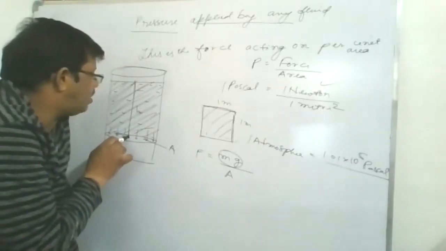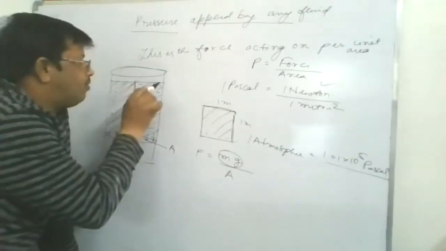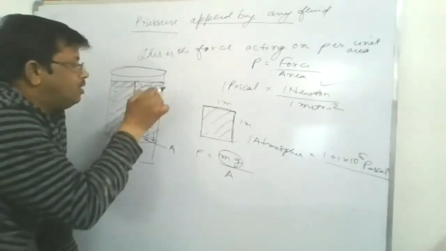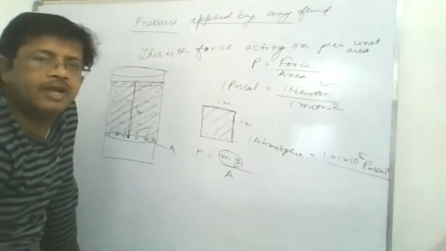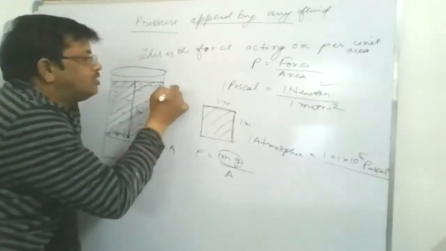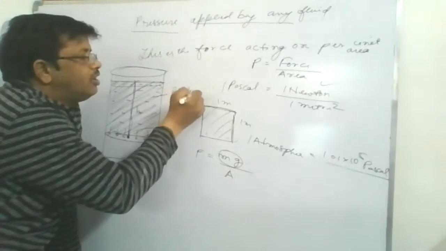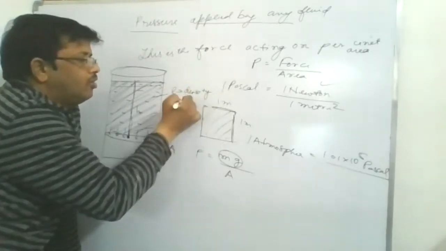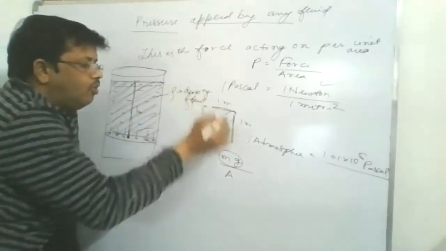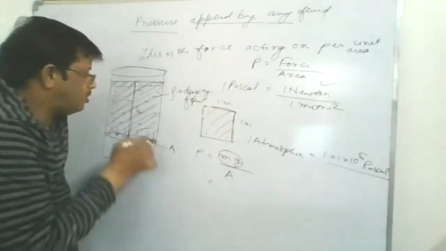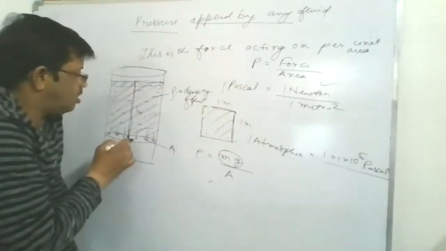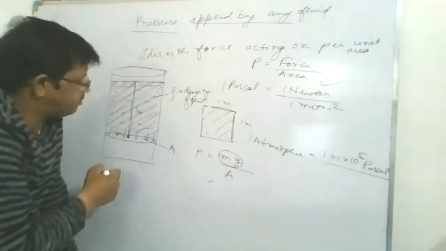Now how much fluid is above it? H. And what is the mass of this fluid? You know, mass is equal to volume into density. If rho is the density of the fluid, what is the volume of this whole fluid, represented by the shaded portion?